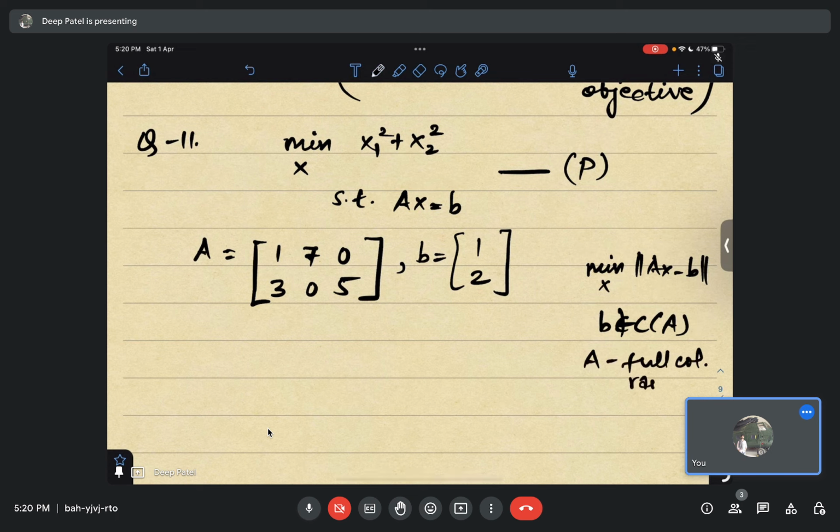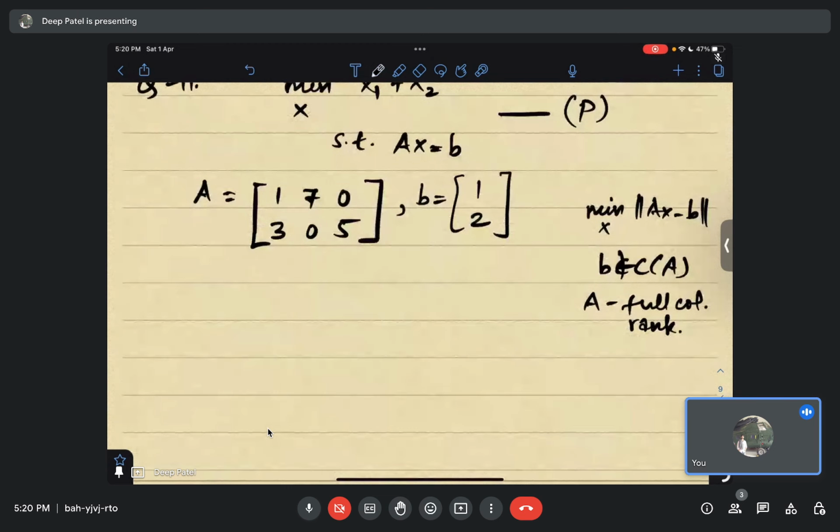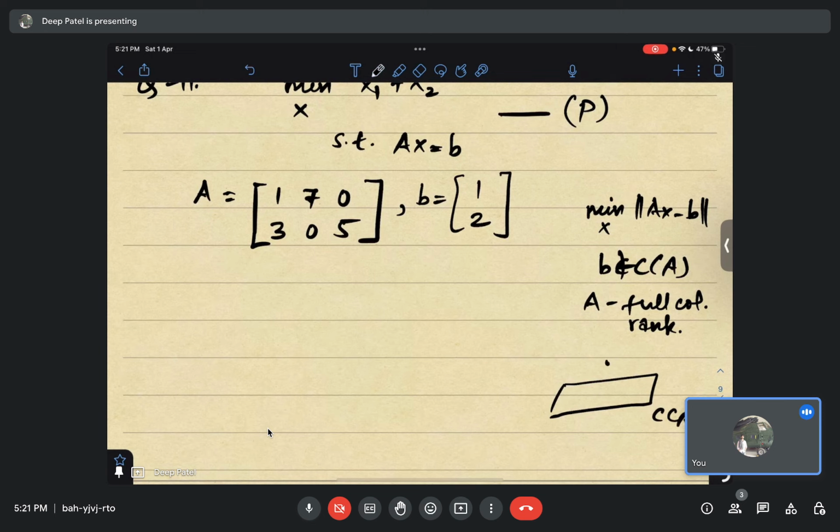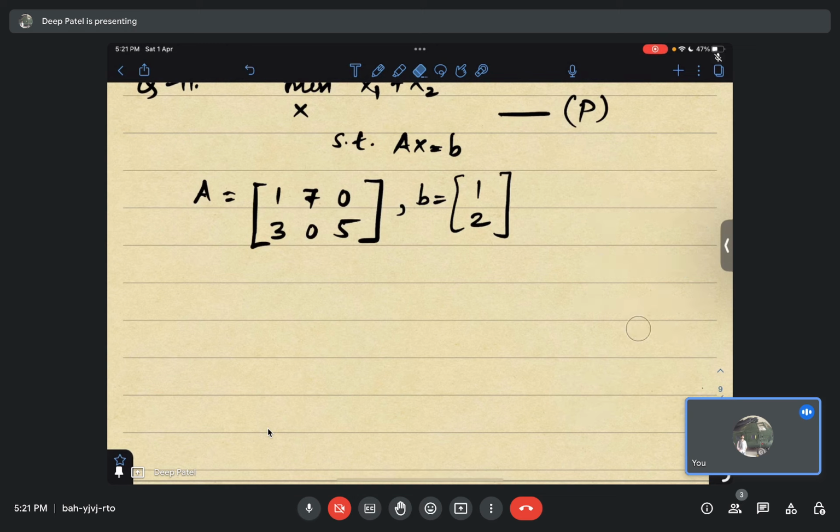If this is the column space of A, and this is your b, we want to find a point on this column space, some b hat, such that e equals b minus b hat is orthogonal to b hat. This is what we do in the least squares solution, right? So there is a reason why we formulate it like this. It's not just for the sake of writing it.